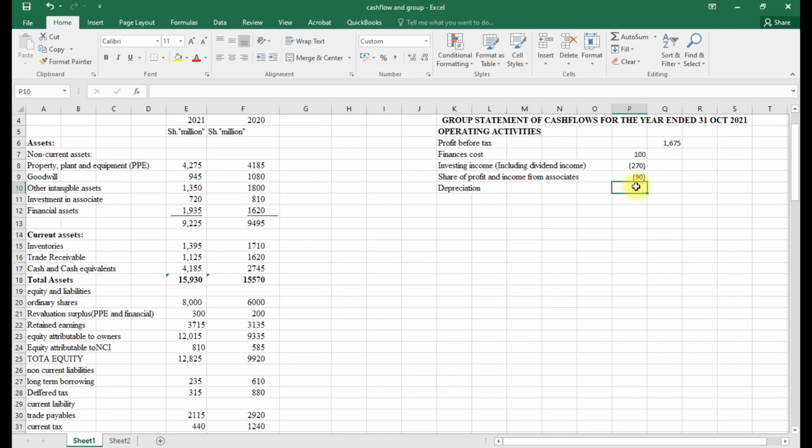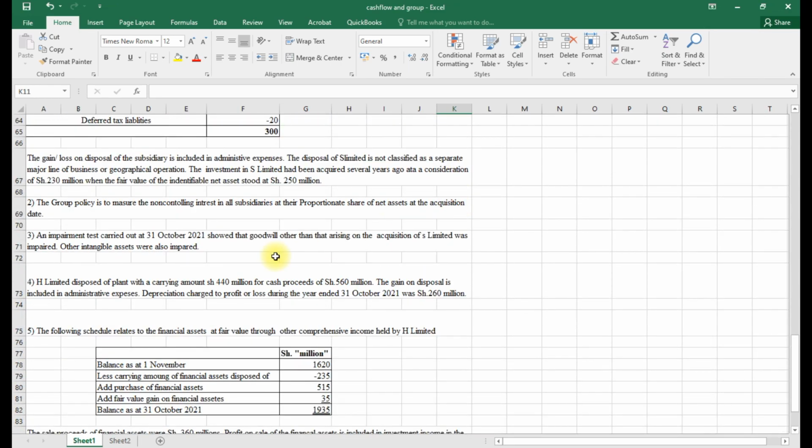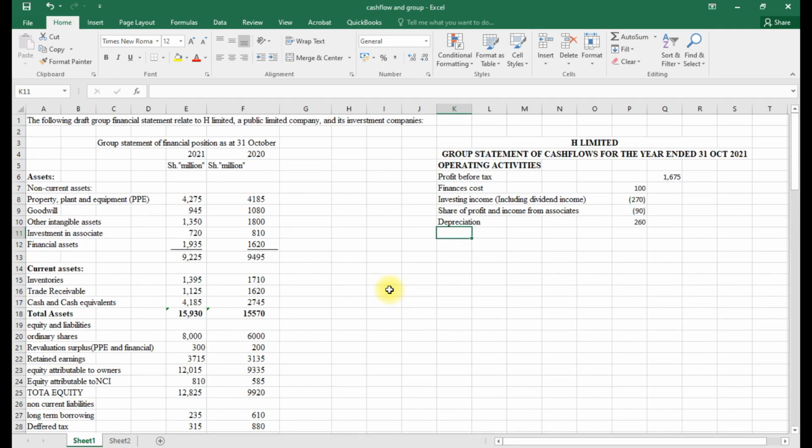Let me just put 260 here, equals 260. There was some gain on disposal. This disposal that happened here, the plant with a carrying amount of 440 was sold for 560. Gain on disposal of plant will be equal to 560 minus 440.